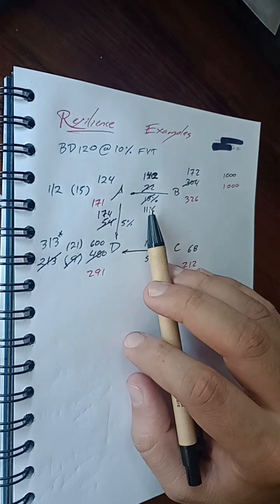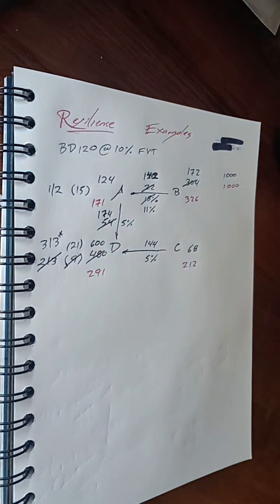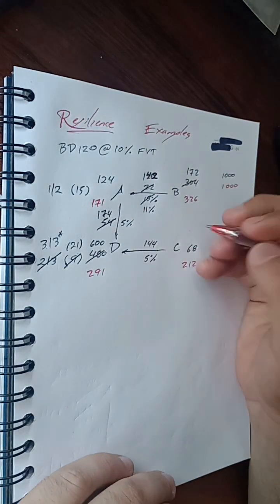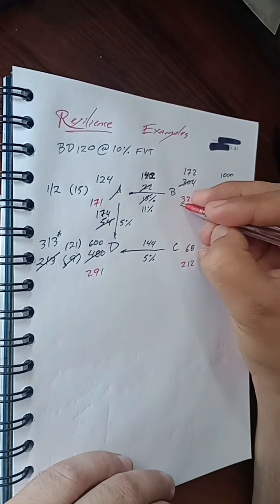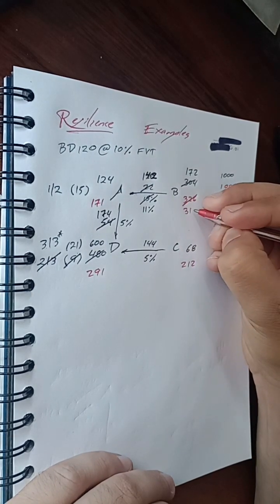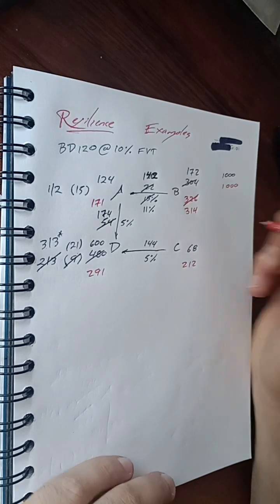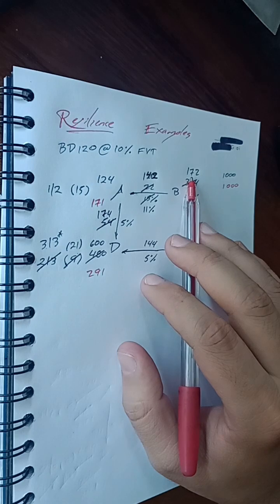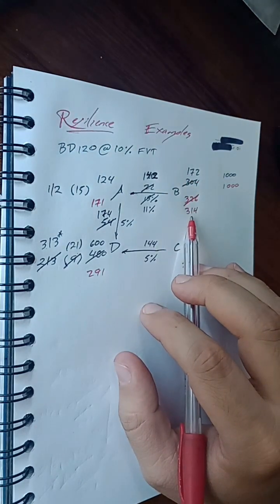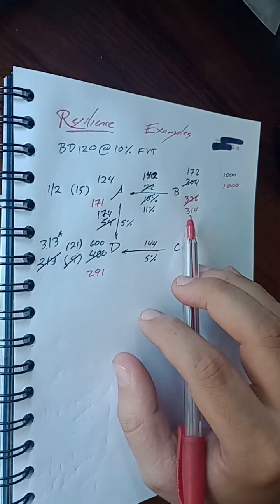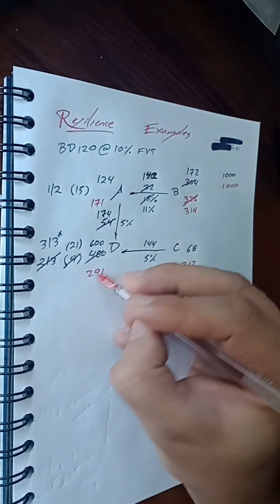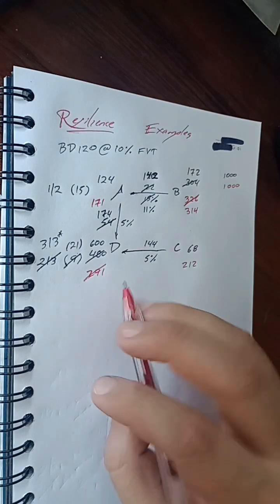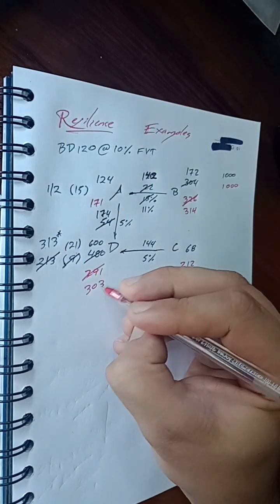And if we check here, the network value for B would be updated to 314 if we make the calculation. 142 plus 172 would give us 314. Also here, if we make the calculation for the network value of D, it would give us 303.